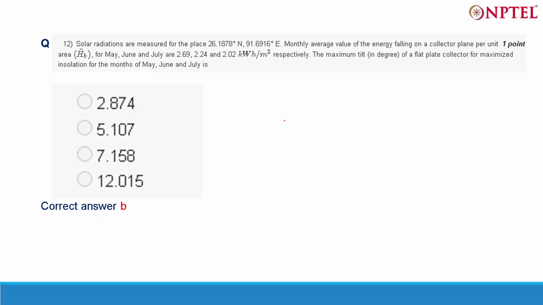Okay, and try this one. This is actually very easy. You need to calculate the maximum tilt of a flat plate collector for maximum insolation.